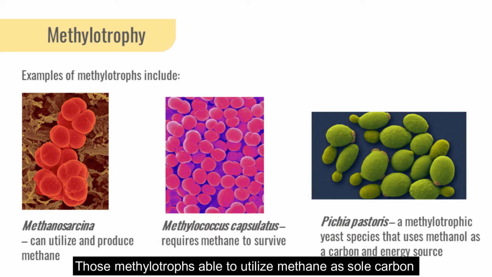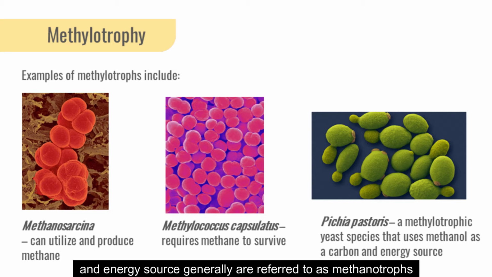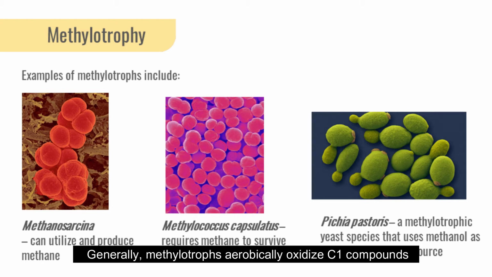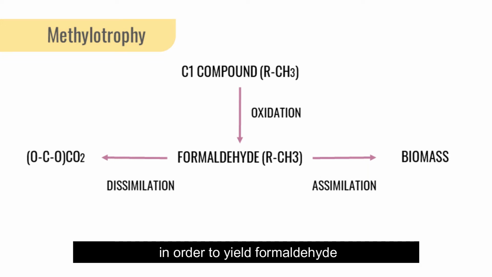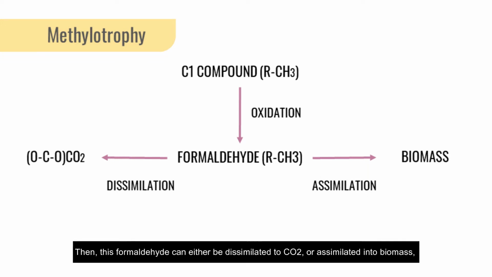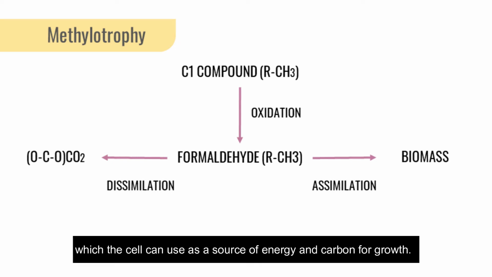Those methylotrophs able to utilize methane as sole carbon and energy source are generally referred to as methanotrophs, which will be discussed later. Generally, methylotrophs aerobically oxidize C1 compounds to yield formaldehyde. Then, this formaldehyde can either be dissimilated to carbon dioxide or assimilated into biomass, which the cell can use as a source of energy and carbon for growth.